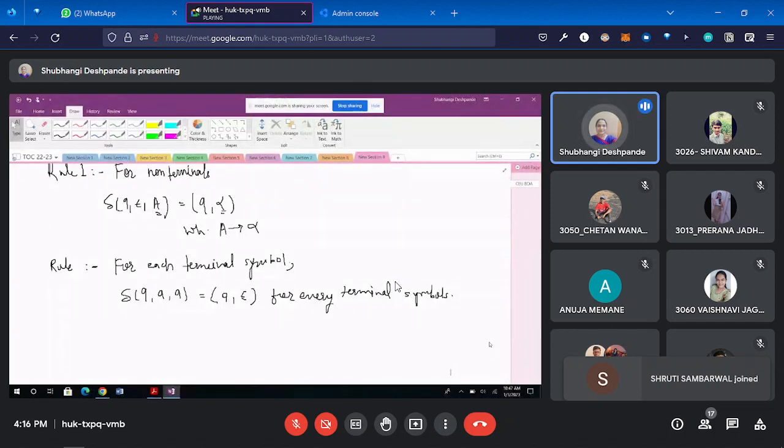Now we'll have one example. Let us try with this example.